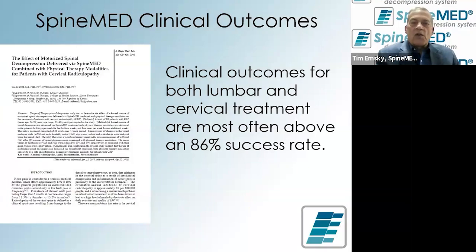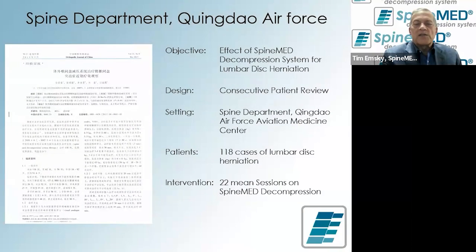What we found with all of this clinical research and our own clinical evidence is that SpineMED has produced between 86% and 93% success rate consistently with both lumbar and cervical patients. The results are quite consistent.